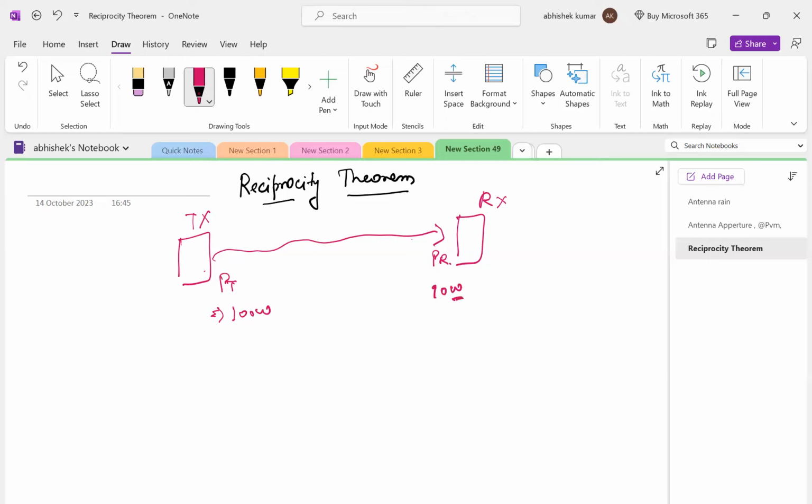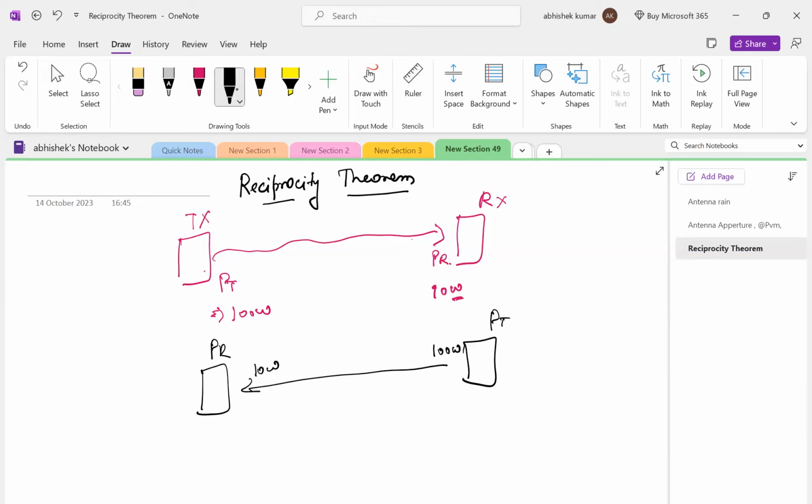Now, suppose we have interchanged the system. It means that this system will become our PT and this system will become our PR. And even though we send 100 watt from here, we receive 10 watt here. That is the meaning of a reciprocity element.